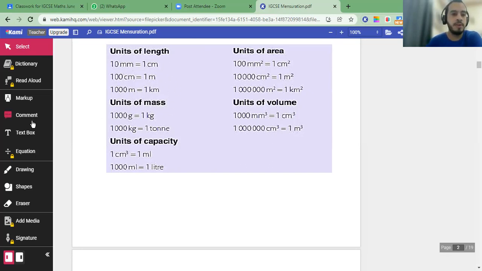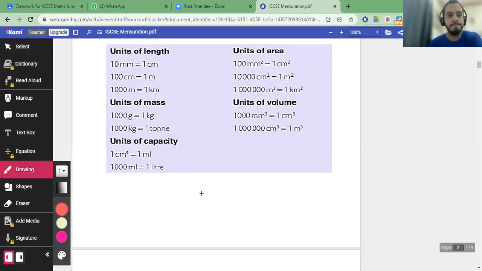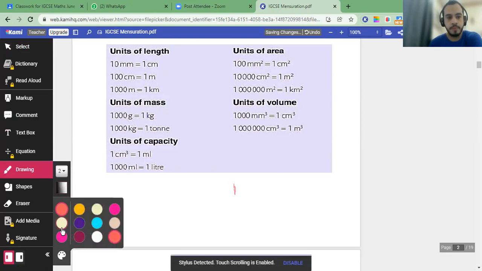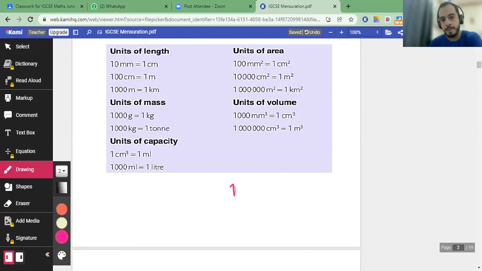And if you know those, for example, we know that 1 centimeter equals 10 millimeter.